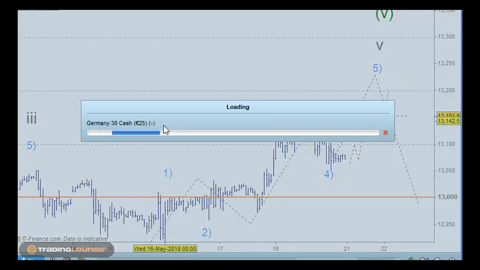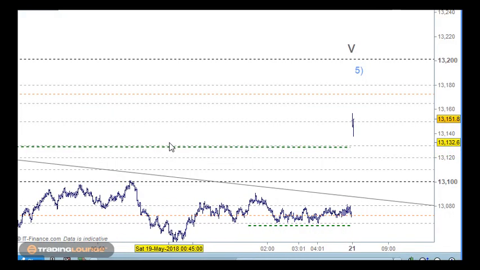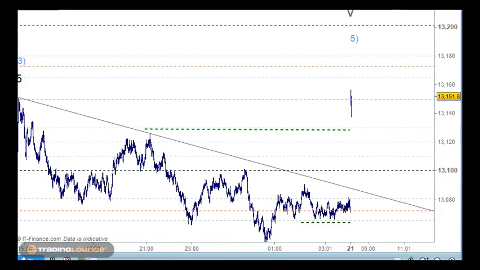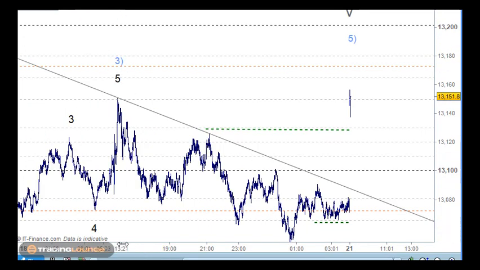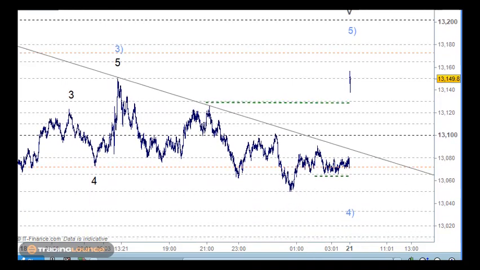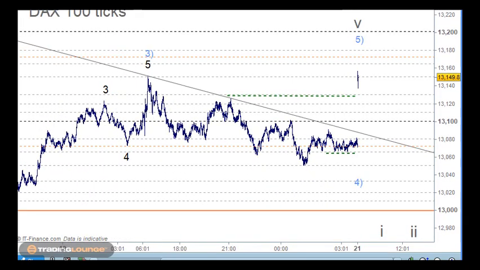We'll just go on to the tick chart here. So we're looking for wave 4. I thought it's possible to have wave 4 in play in here, which I think is correct, with wave 1 here, wave 2 and wave 3 here.